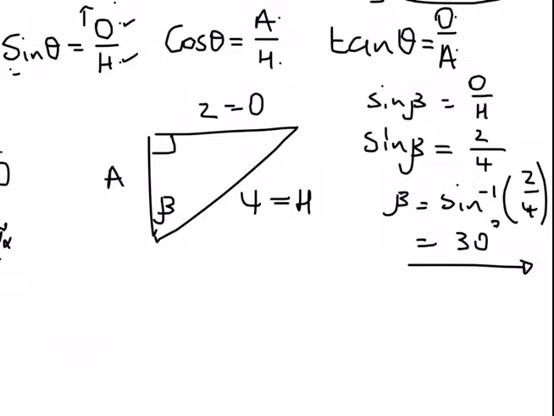But if it's R, or the other one is G, maybe for grad, then you will not get the correct answers when you punch shift and then sine, or shift cos, or shift tan. So just make sure that if it's not D, then you need to set the mode. Let me quickly check.